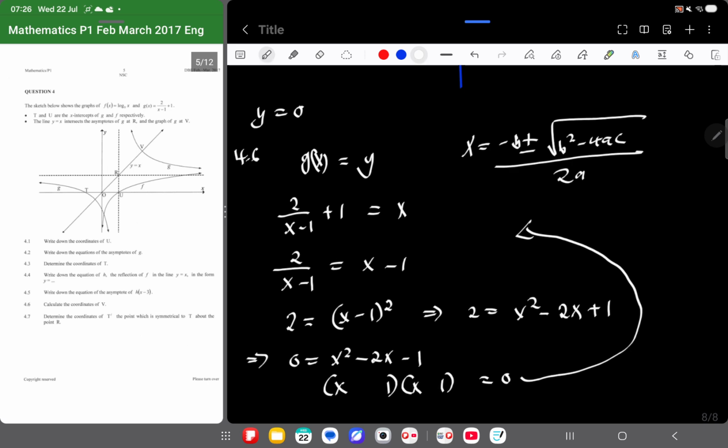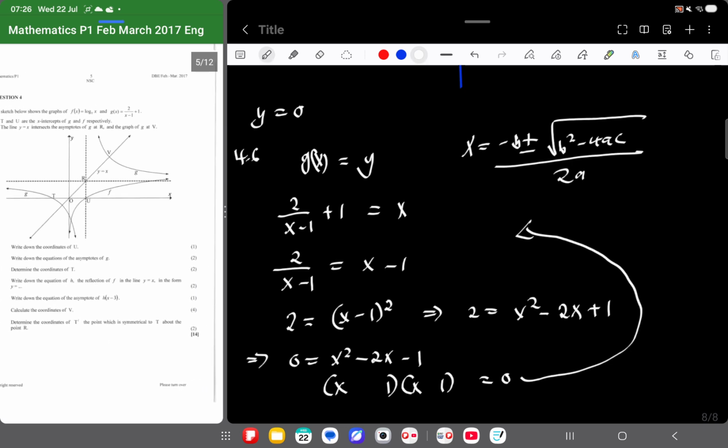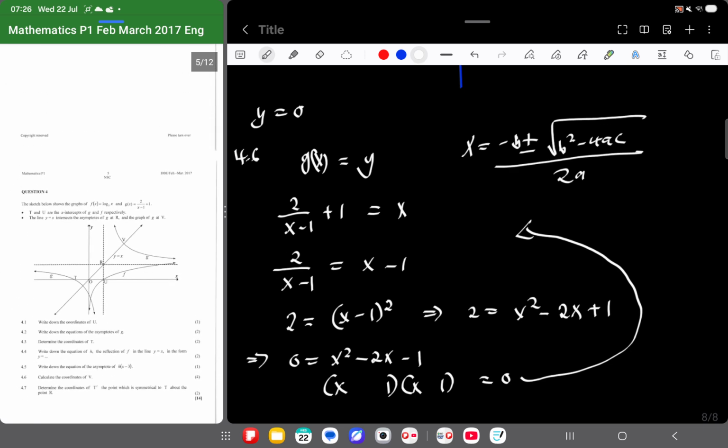This is not correct. Did I make a mistake? Let me check. x squared minus 2x plus 1.